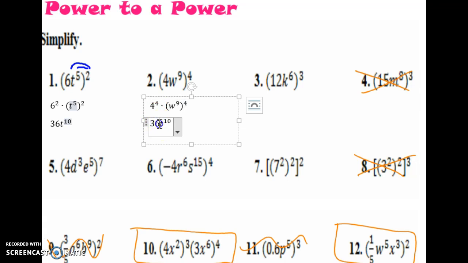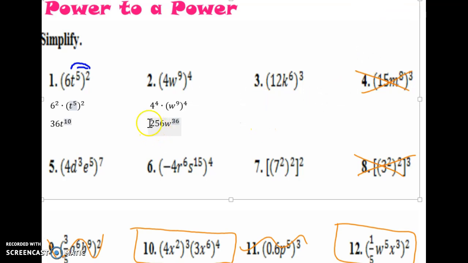So you would do 4 to the 4th, 4 caret 4 on your calculator, and that would be 256, I believe. And then this would be w to the 36th power. So you could either have that 4 to the 4th, w to the 36th, or you could have 256 w to the 36th power.